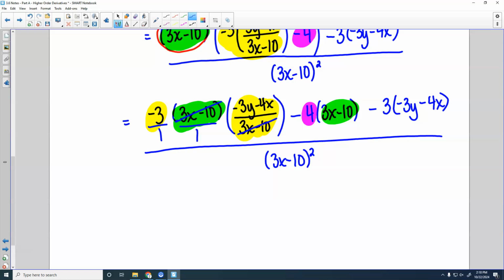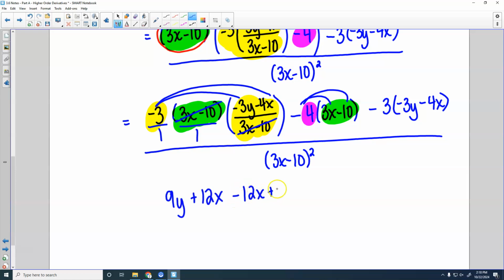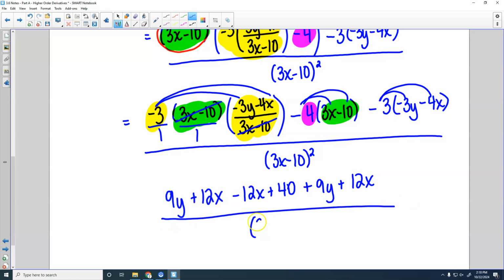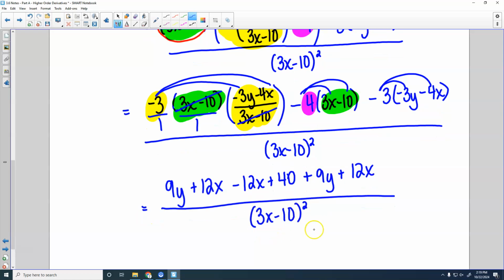Okay, so really you're just left with this negative 3 that needs to be distributed. So you got 9y plus 12x. You'll distribute your negative 4 here. You'll get negative 12x plus 40. And you'll distribute this negative 3 plus 9y plus 12x. Almost made it to the end here.